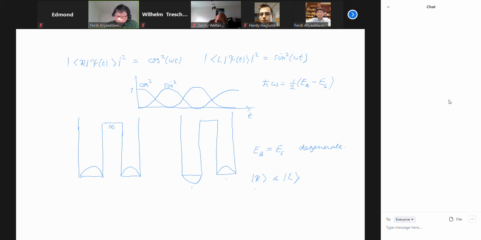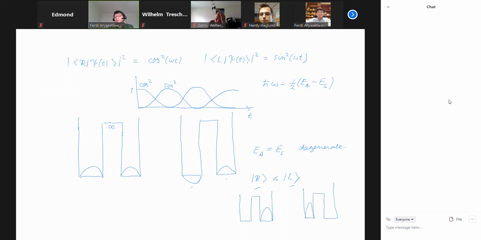However, these two solutions do not have the symmetry of the Hamiltonian. Obviously, if we look at, let's say, the R state, then the wave function is completely localized on the right, like this, whereas the left one will be completely localized on the left, like that.